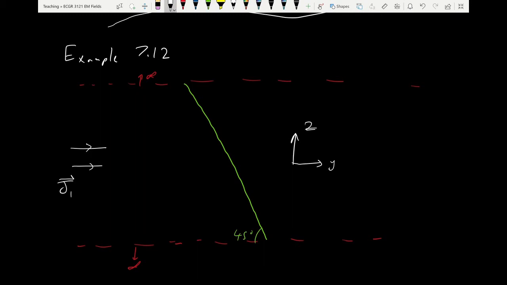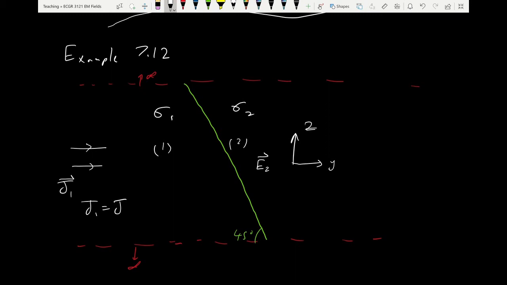So this is material sigma 1 and material sigma 2. Right, so this is material 1, material 2. And then the question is, what is the electric field intensity just after this boundary? So we know what J1 is. The magnitude of J1 is given as J. It's some constant J.